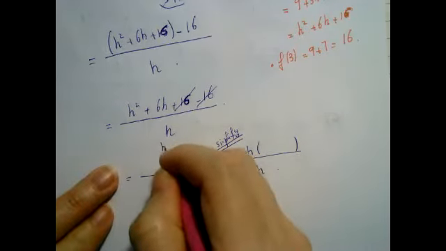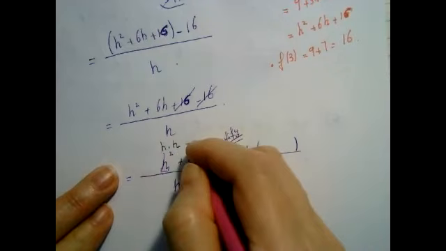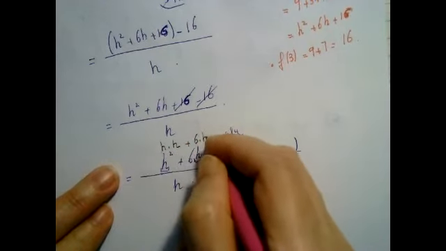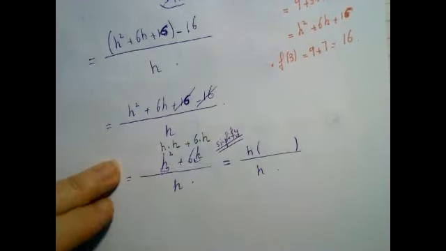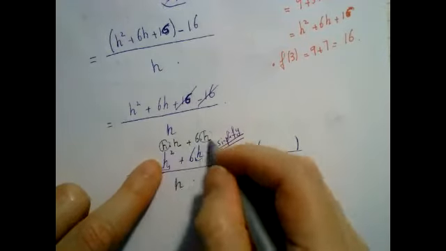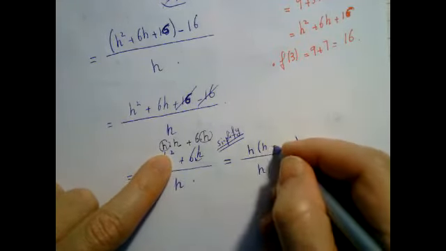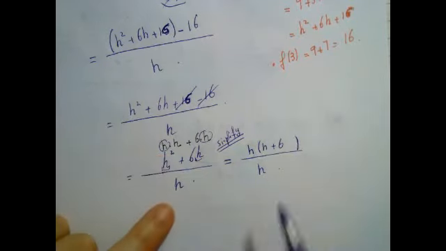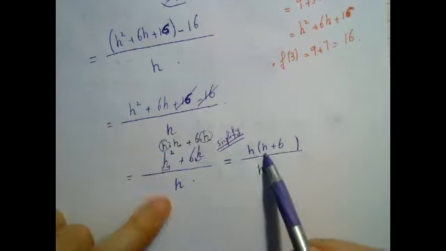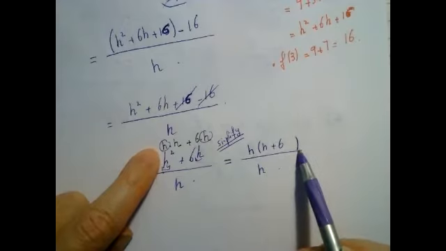H squared is H times H, plus 6H. That's really what the numerator is. So I can factor out this H, and this would leave me with H plus 6. Now if I multiply it out, I will have H times H plus 6H.